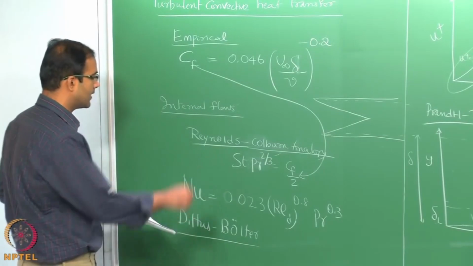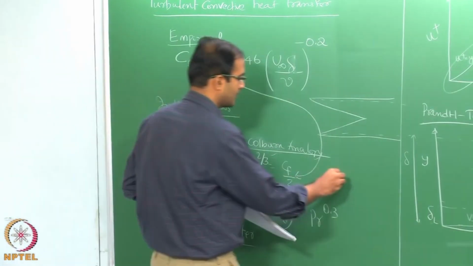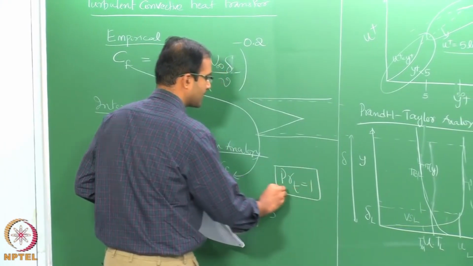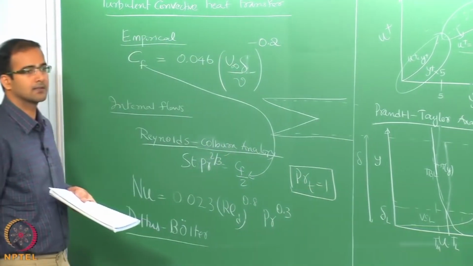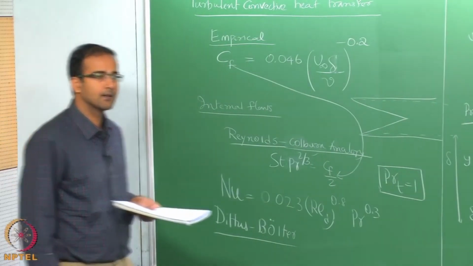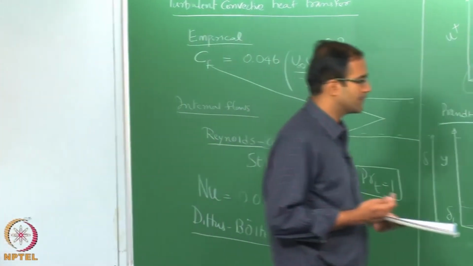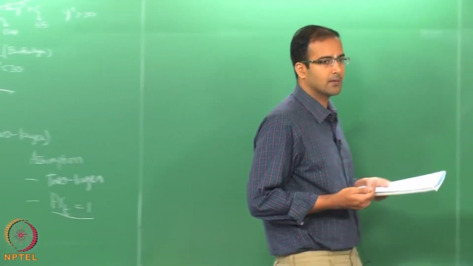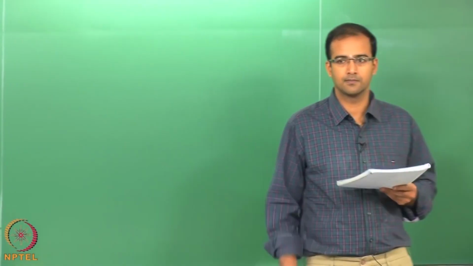In the Reynolds-Colburn analogy also we use turbulent Prandtl number equal to 1 and then only we derive the analogy. Inherently this is not bad, and especially when we are doing turbulence modeling, most of the time we assume this turbulent Prandtl number to be close to 1.